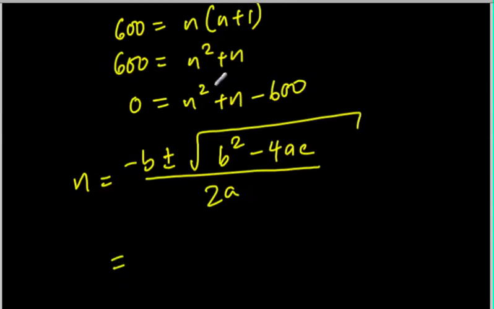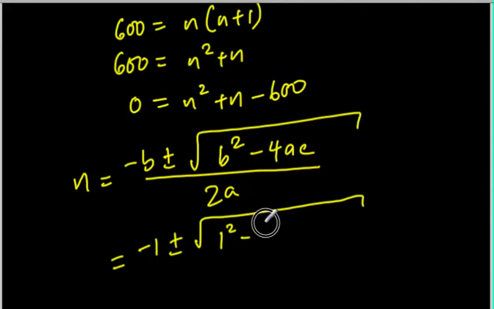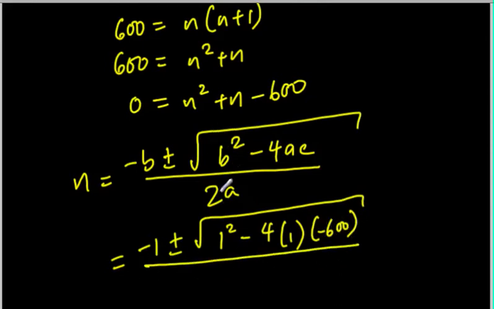Our b here is 1, so negative b is negative 1, plus or minus the square root of 1 squared minus 4, where a is 1 and c is negative 600, all over 2a, so 2 times 1.